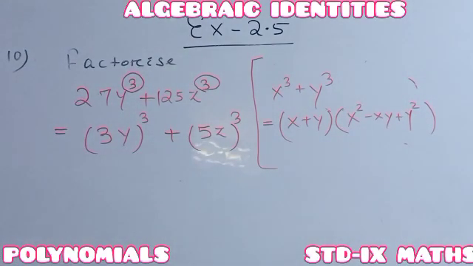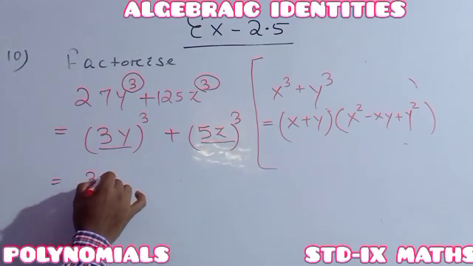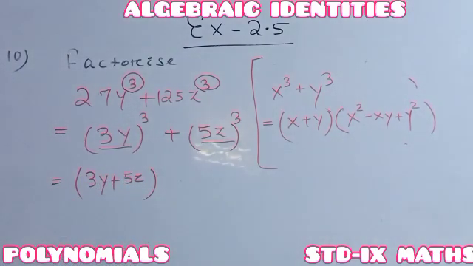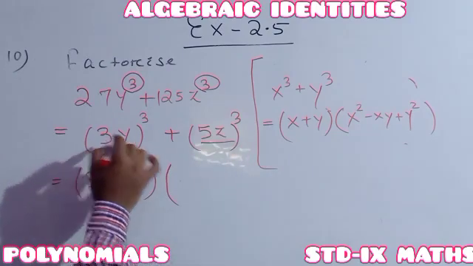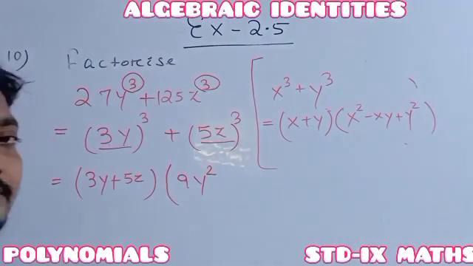So for which we need to arrange. See, the first term, this one, and the second. So first factor is 3y plus 5z, ready. Another factor is x square, meaning this term squared, 9y square.